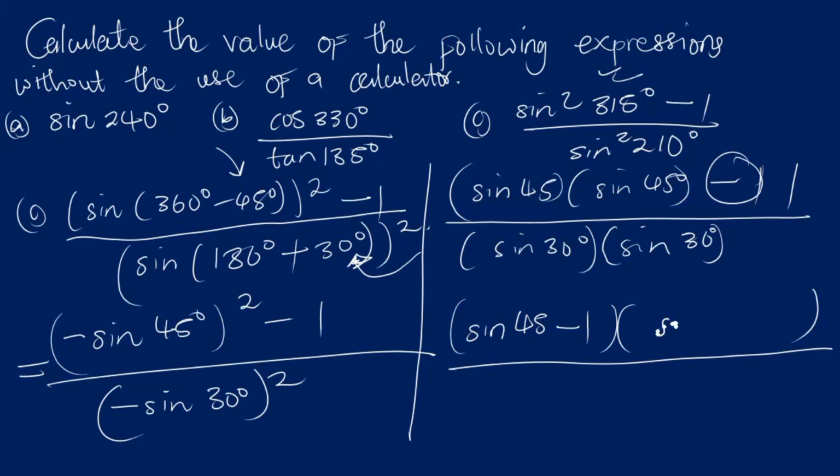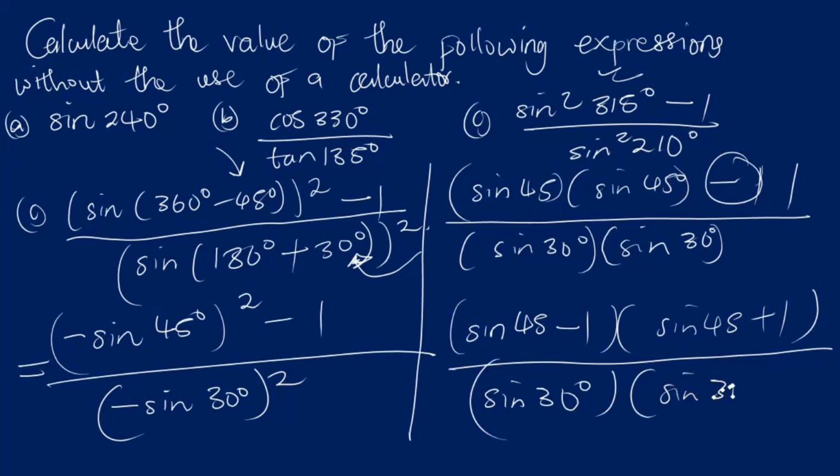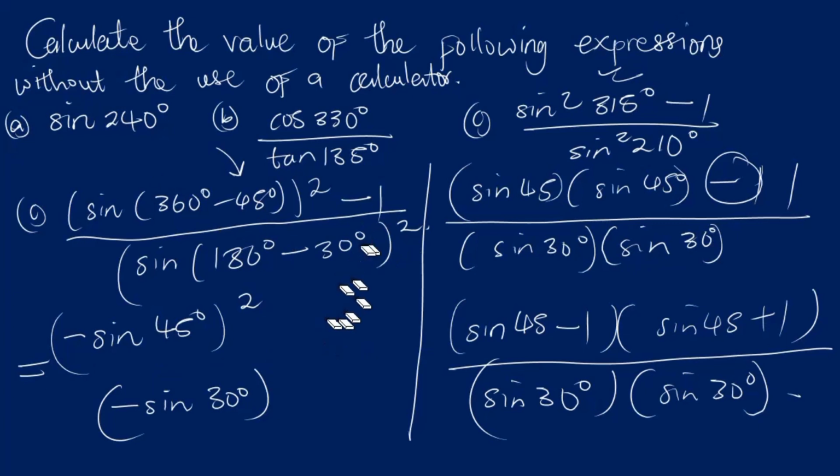And I have sine 45 plus 1, right? And then here we have the sine of 30 degrees all over the sine of 30 degrees. All set? Now, how do we move forward here? Let me quickly erase that.